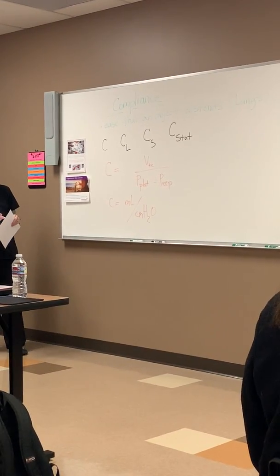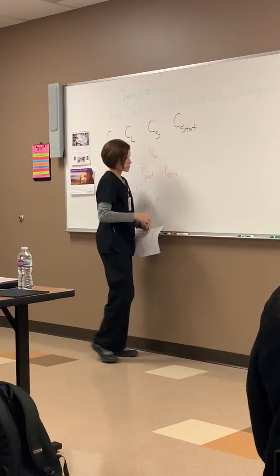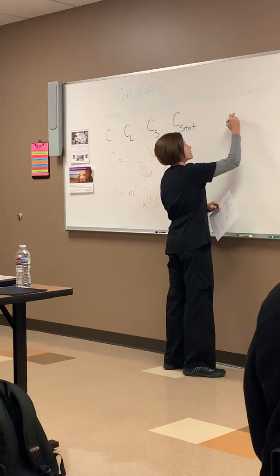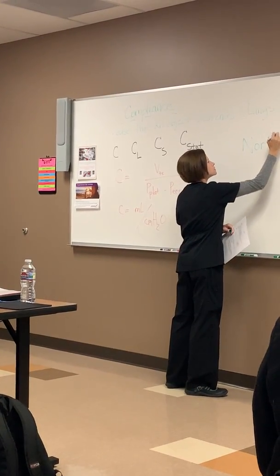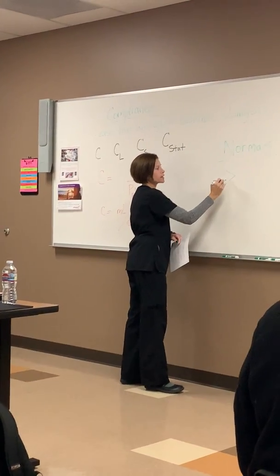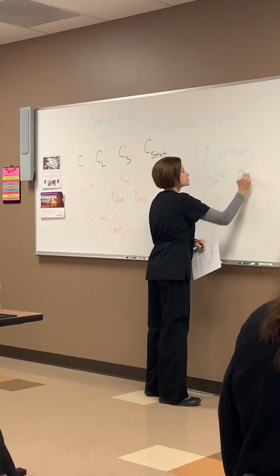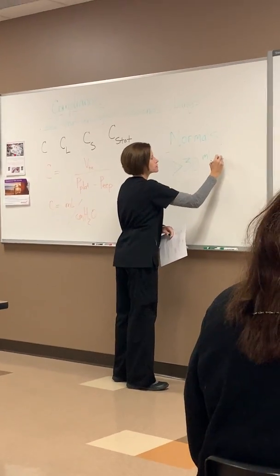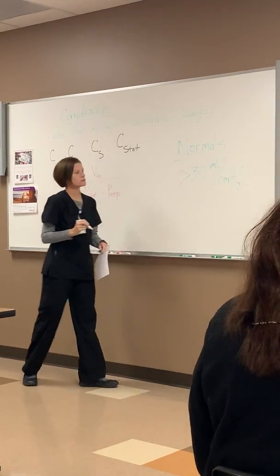So a normal, go back to the beginning. When I say normal, I mean what's a normal value? Anything greater than 30 milliliters per centimeter of water pressure. Okay.